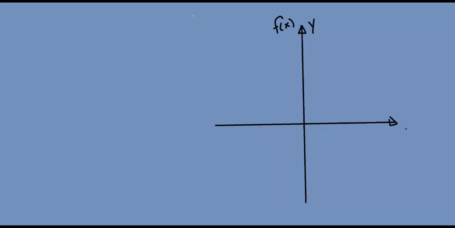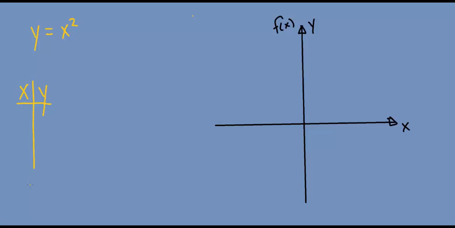All right, so let's make our axis. And again, I assigned a y and an f of x to that vertical axis. They mean the same thing. And let's look at our parent parabola or parent quadratic. And let's remind ourselves what that looks like. So let's do a table of values.